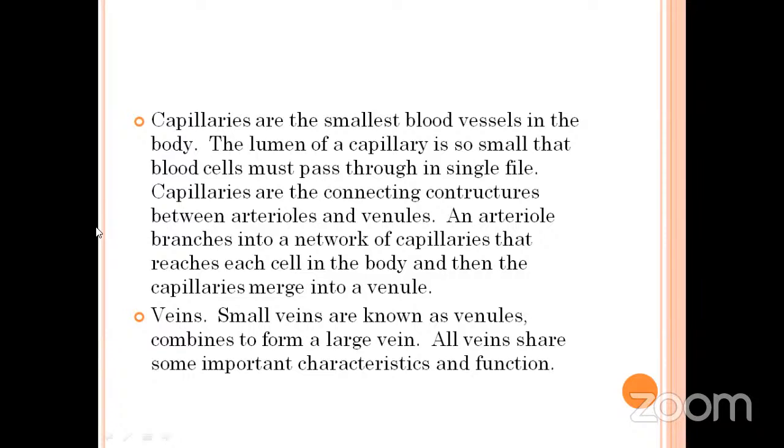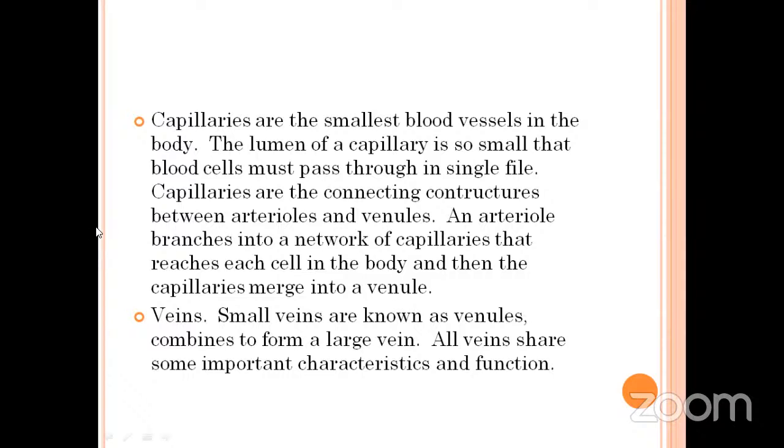An arteriole branches into a network of capillaries that reaches each cell in the body, and then the capillaries merge into a venule, which is a vein. So the capillaries are smaller than the veins. Small veins known as venules combine to form a large vein.